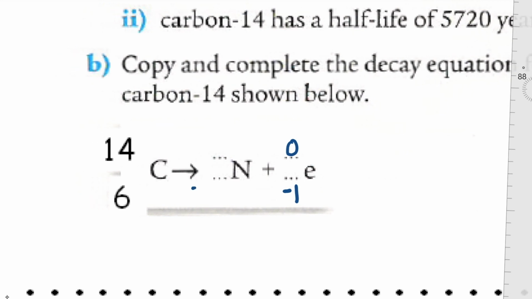So 7 minus 1 is 6. And at the top, 14 equals 14 plus 0. So you can see what's happened there. One of the neutrons in the carbon atom has changed to a proton, and a beta particle has been emitted.